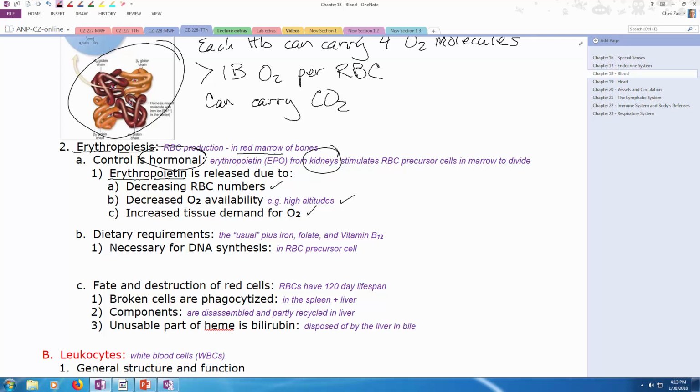Your high-paid athletes would like to have EPO, right? Because the more EPO they take, the more red blood cells they make, the more oxygen they carry, and the better their endurance, correct?